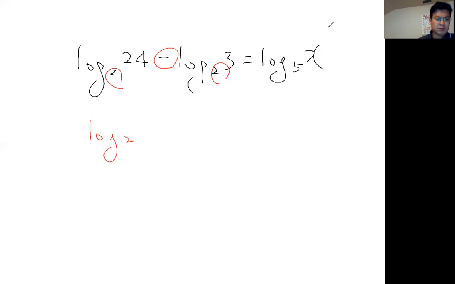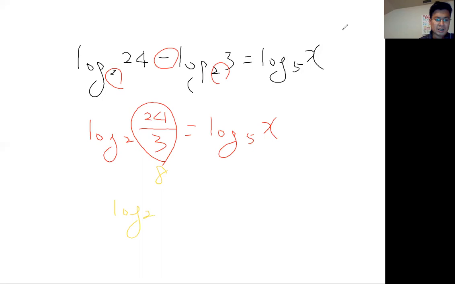Log base 2 of 24 over 3 is log base 5 of x. And right now, this is 8. So log base 2 of 8, and 8 is 2 cubed. And we can put 2 cubed. That is log base 5 of x.